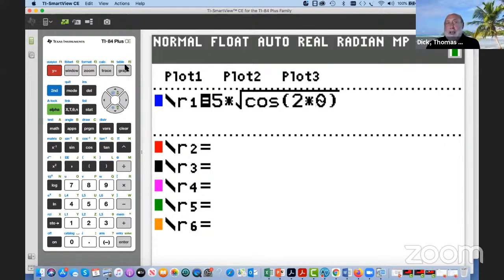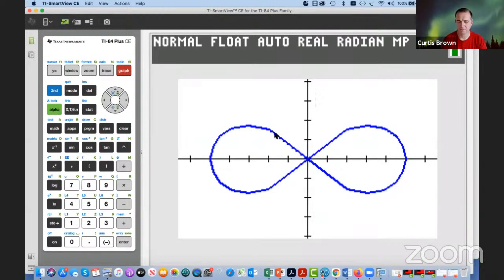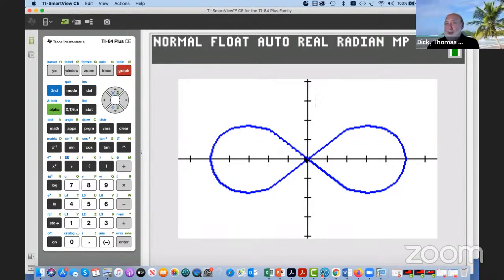Another interesting behavior: do you see how these almost look like straight line segments near the crossings of the infinity symbol? These were actually close to consecutive points that were plotted.